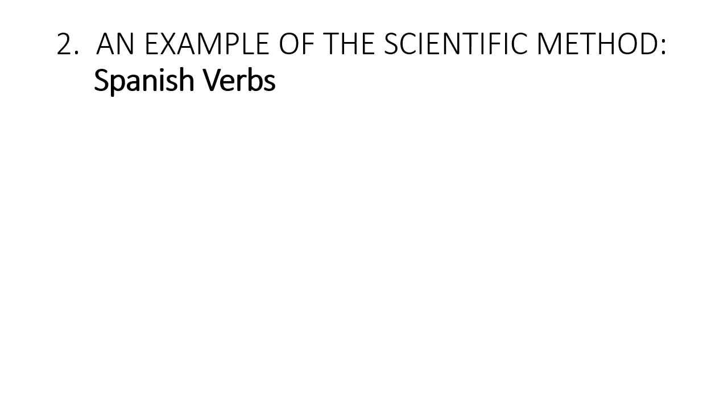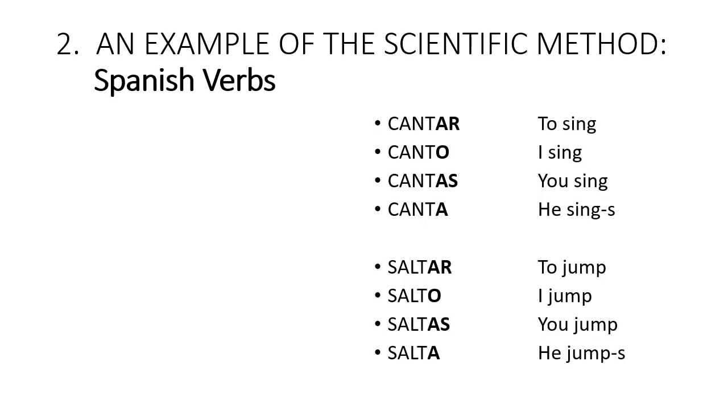Okay, now we're going to apply the scientific method to some Spanish verbs. Let's take two verbs, the verb cantar, which means to sing, and the verb saltar, which means to jump. Here we have the paradigm. The paradigm is going to be the different forms for the singular.